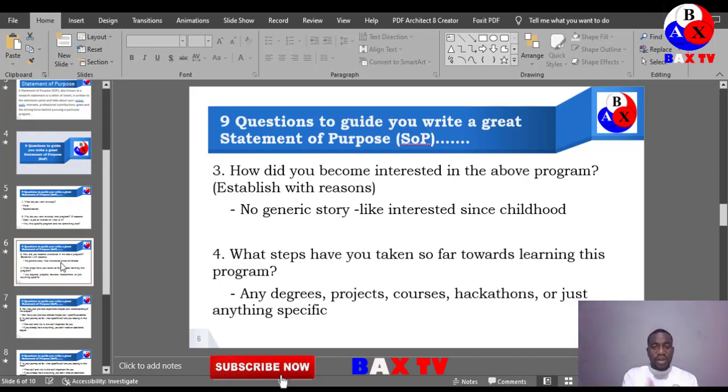As a child, when I was growing up, I encountered problems like this, or let's say accounting. If you want to do a master's in accounting, question 3 could be that growing up, I used to help my mom in her petty shop, that is petty trading.